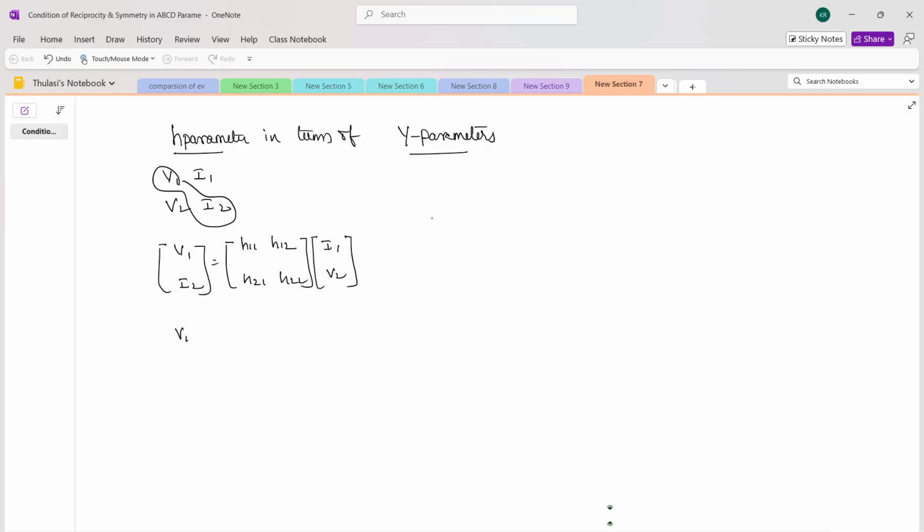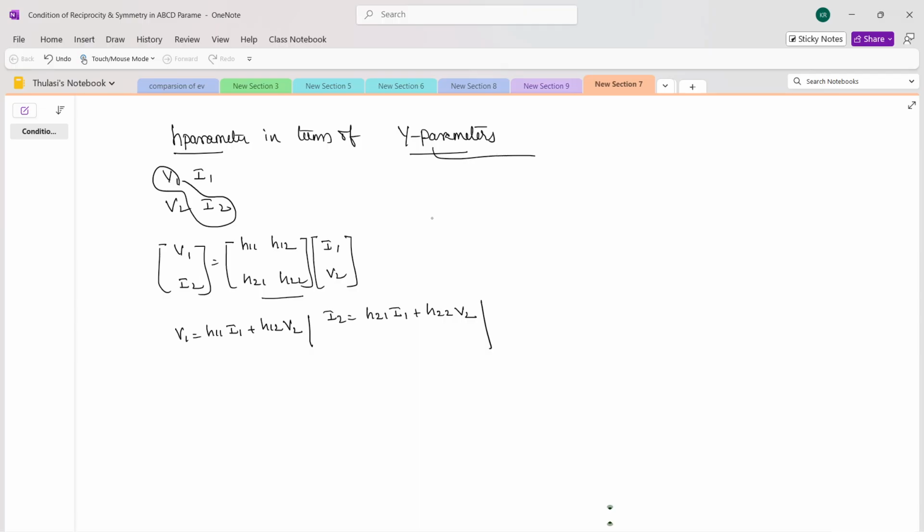Therefore V1 is equal to H11 I1 plus H12 V2 is one equation. Second equation, I2 is equal to H21 I1 plus H22 V2 is the second equation.